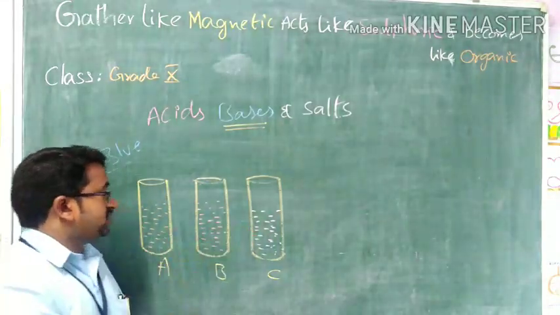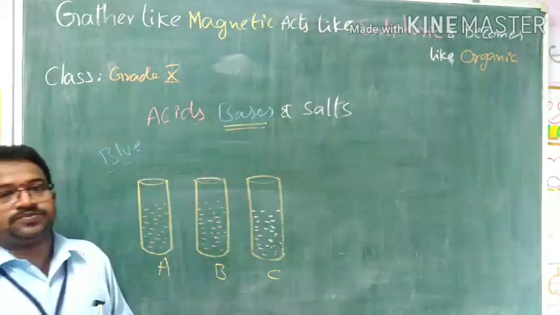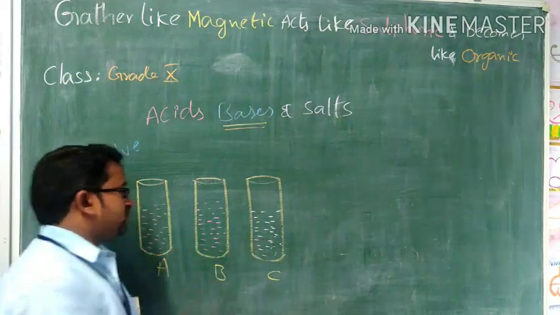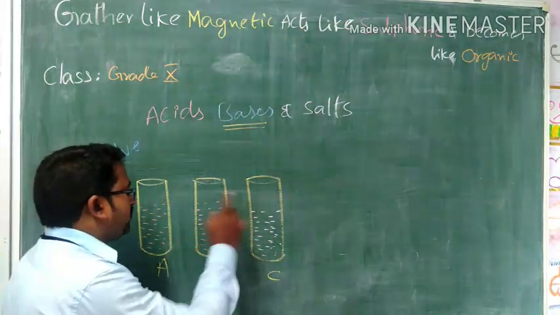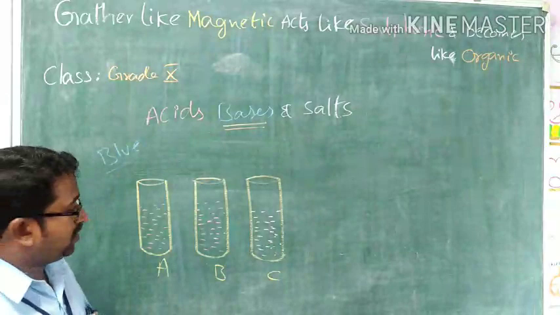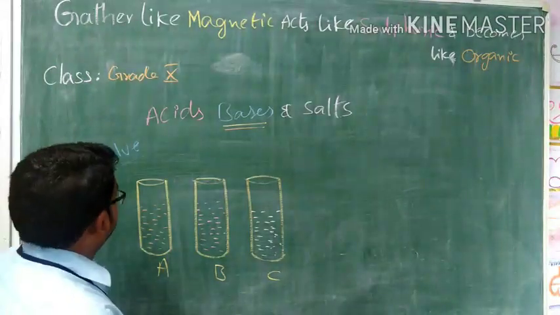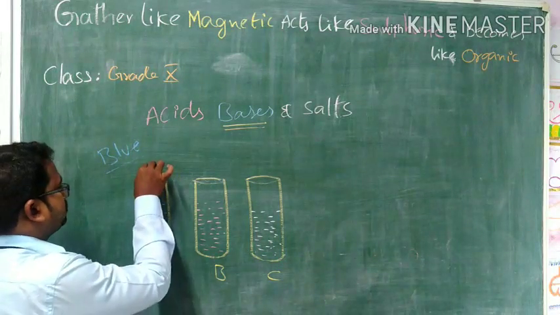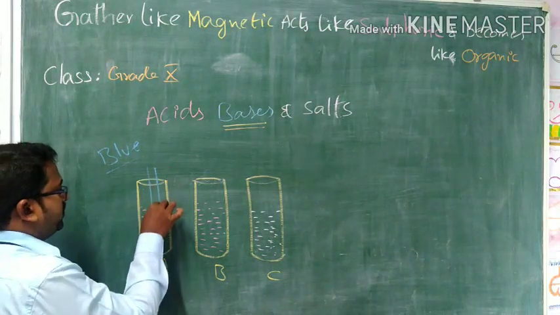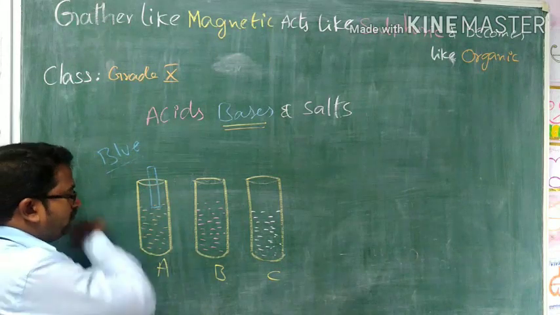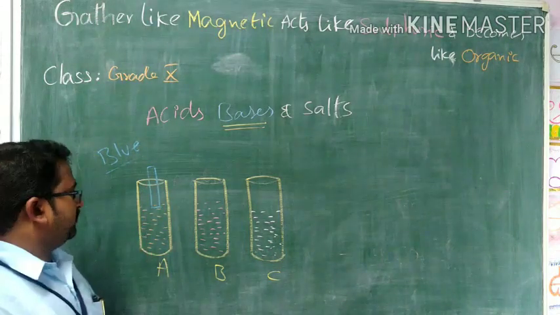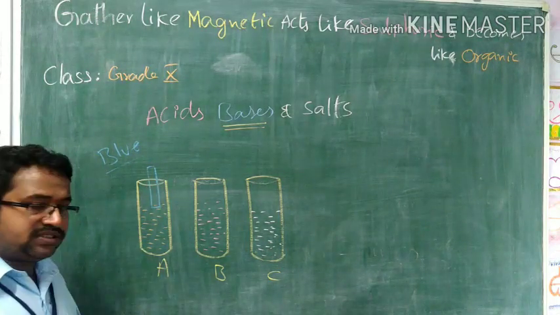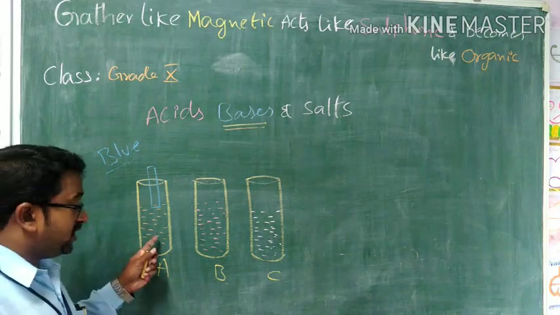Now there are solutions and only one litmus paper. With the help of this, you have to identify the nature of the solutions. For example, first I take this blue litmus paper and insert it into solution A. It remains as usual.